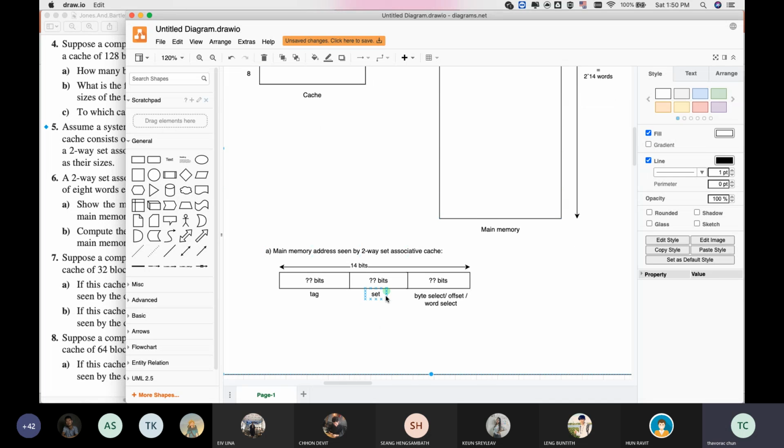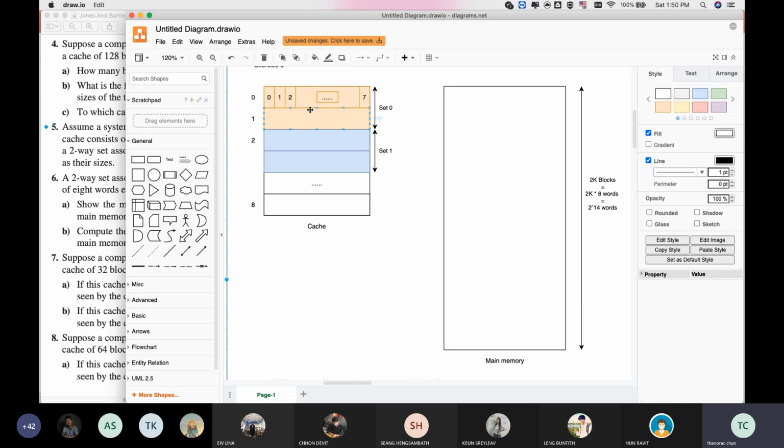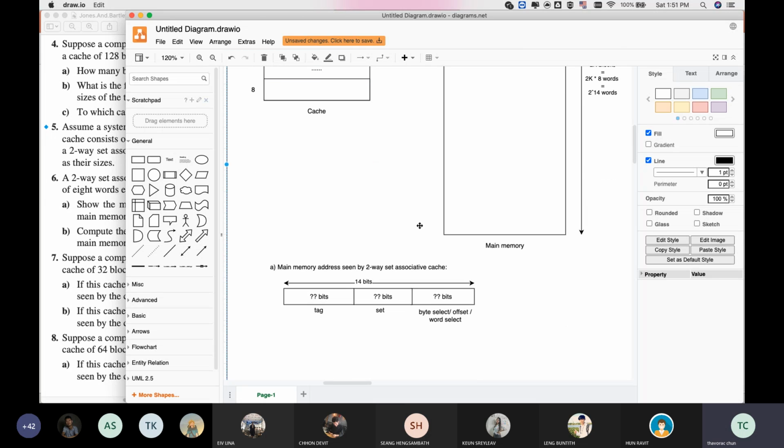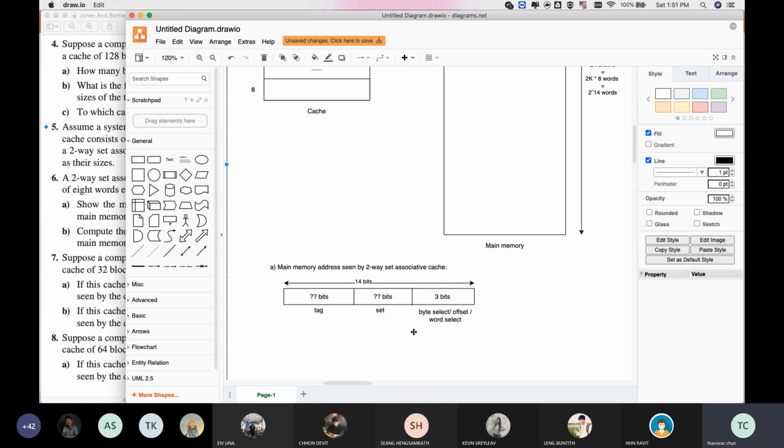Okay. And then to find the offset, we need to know how many words can be stored inside one block. And you see that we can store 8 words, right? So here is 3 bits. Okay.